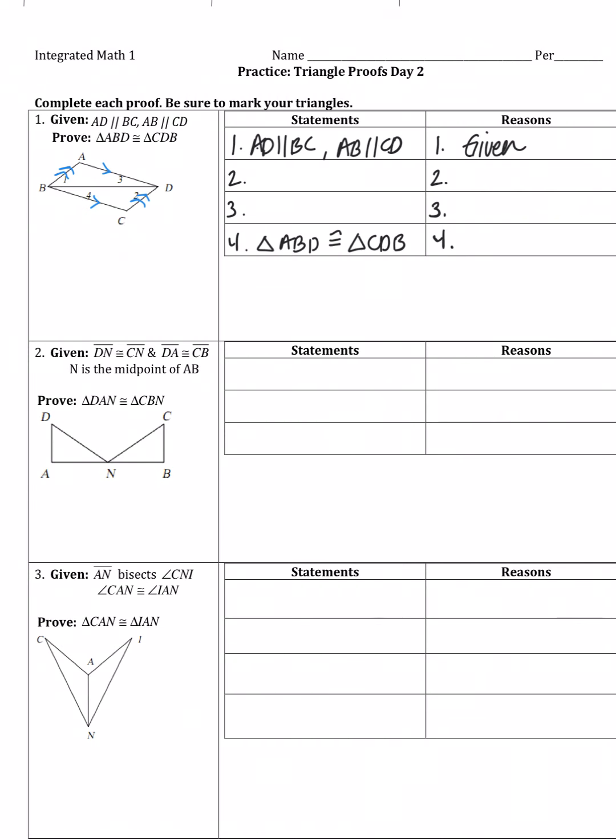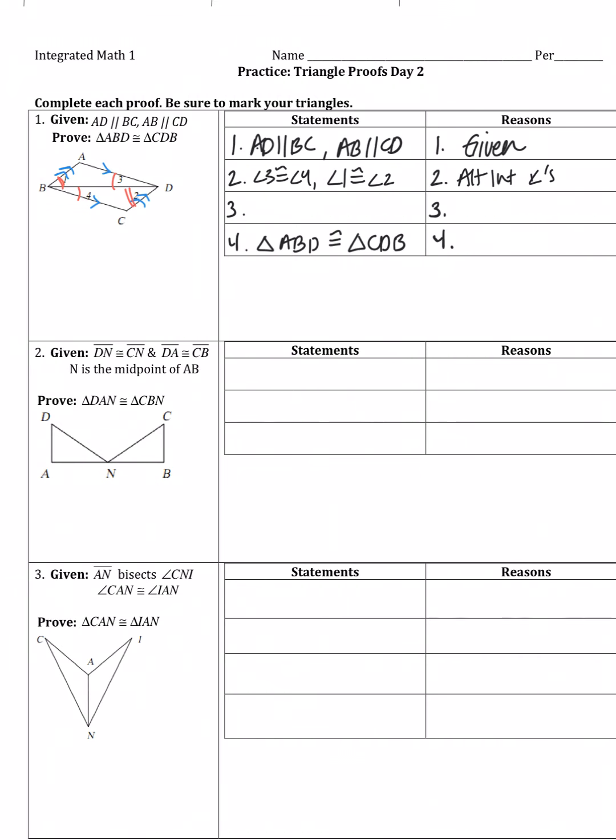Alternate interior angles come with parallel lines, so I know angle 3 is congruent to angle 4, and angle 1 is congruent to angle 2. So angle 3 is congruent to angle 4, angle 1 is congruent to angle 2. And this is by alternate interior angles theorem.